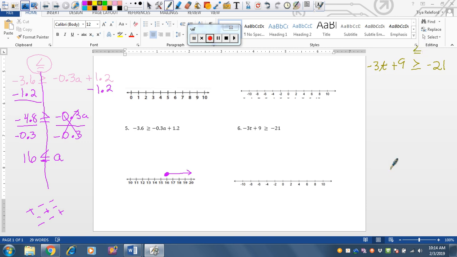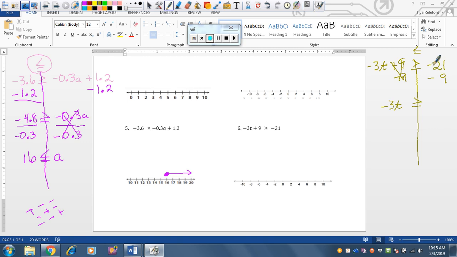So when you're completely done, your sign should be opposite of what it is now. Go ahead and divide that in half. First step is add or subtract. We're going to subtract 9 from both sides. You're left with negative 3t.